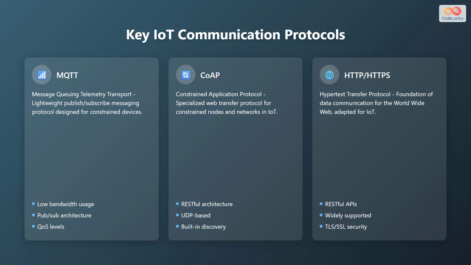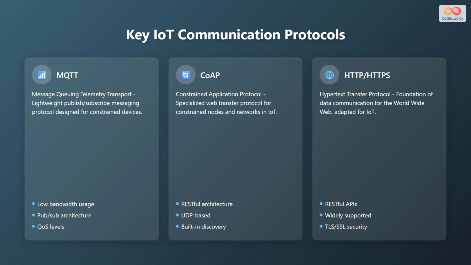It is a specialized web transfer protocol tailored for constrained nodes and networks within the Internet of Things. It follows a representational state transfer, that is RESTful architecture, operates over User Datagram Protocol, that is UDP, and includes built-in discovery features. Finally, we have Hypertext Transfer Protocol, that is HTTP, and Hypertext Transfer Protocol Secure, that is HTTPS.